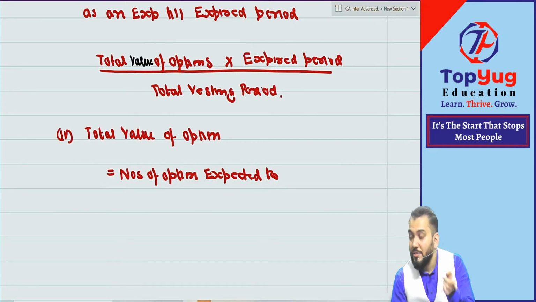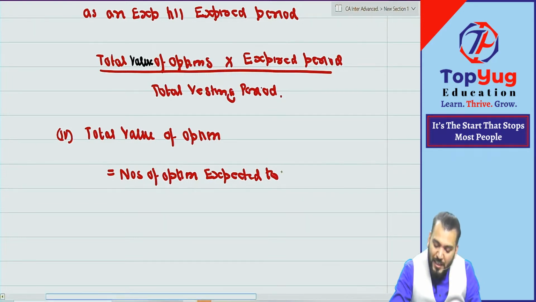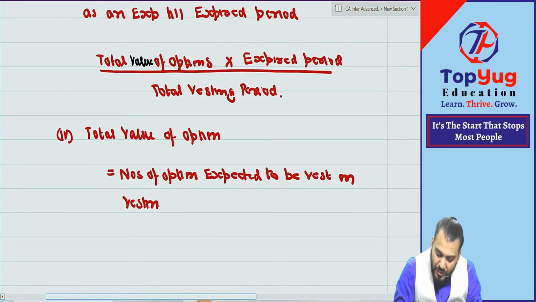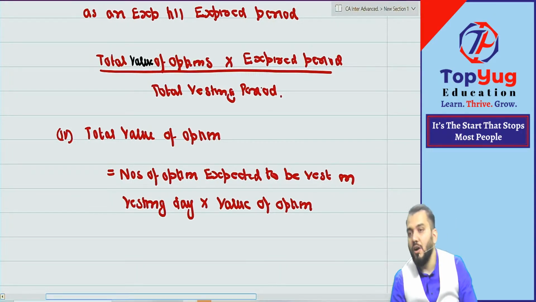We need to estimate now the number of options expected to vest on vesting day. For the last year we will take the actual only. So I am writing expected. The first year we did some estimation, the second year we did some estimation, and the third year it was actual only. Correct. The number of options expected to vest on vesting day, multiplied by what? The value of options.